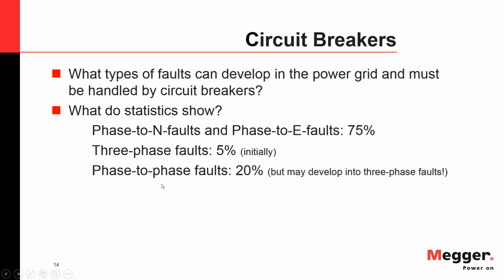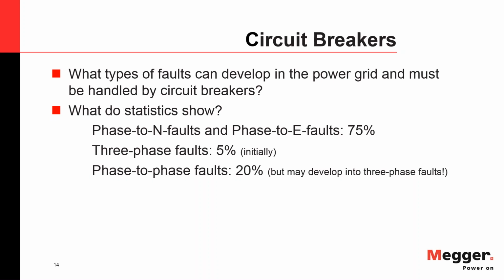Now, statistics, and this is an average. I found a few different numbers, but if you average them, you get something like this. 70% of the faults are phase-to-neutral or phase-to-ground faults. That is also a result of the fact that 60% of the grid is in the low voltage level, and the typical fault in the low voltage network is a single-phase fault.